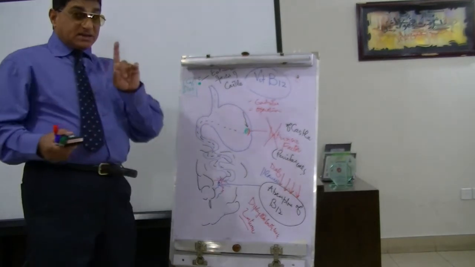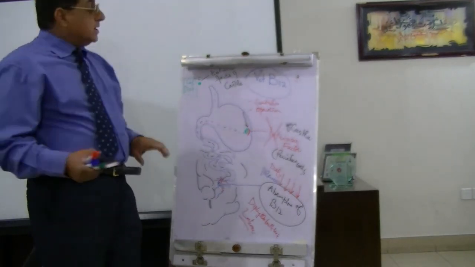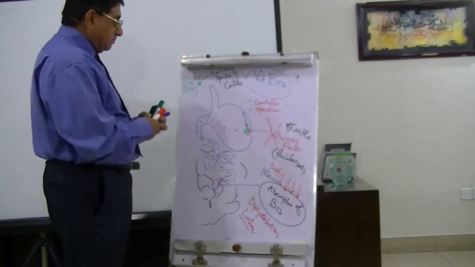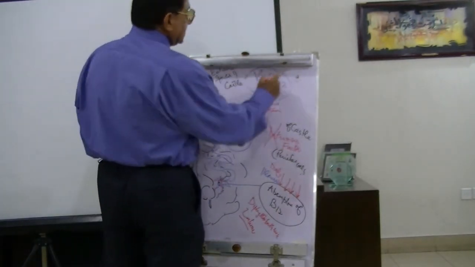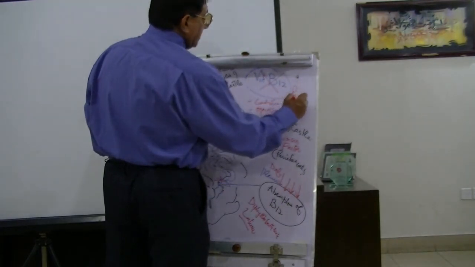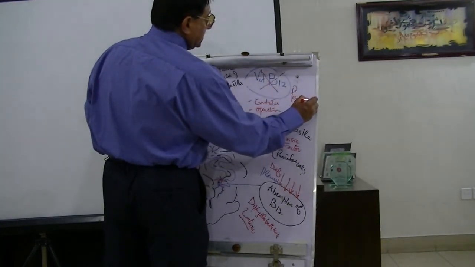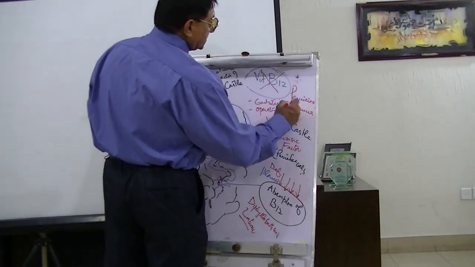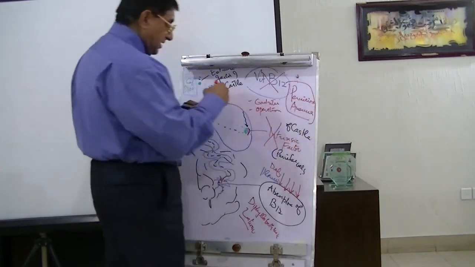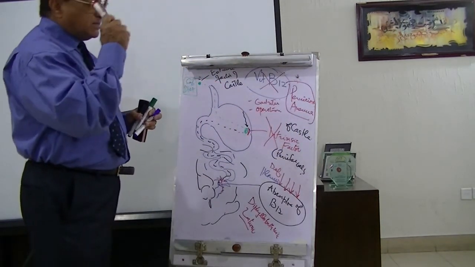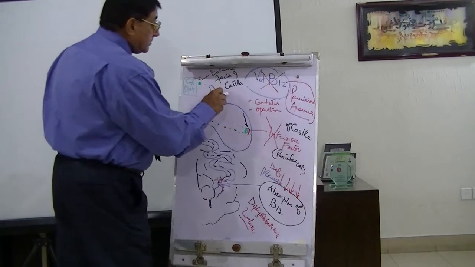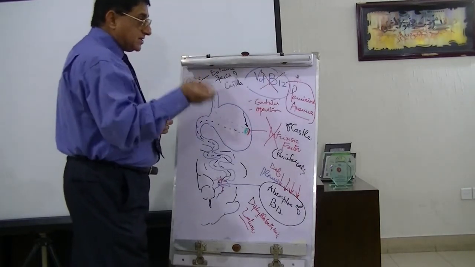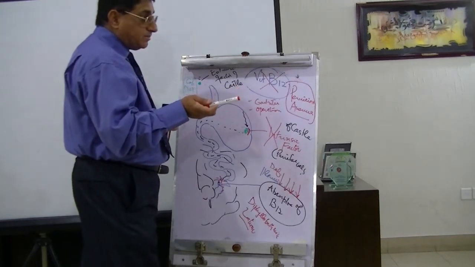If there is only folic acid deficiency, there is megaloblastic anemia. But if there is B12 deficiency, there will be pernicious anemia. So if B12 is deficient, it will lead to pernicious, P-E-R-N-I-C-I-O-U-S, pernicious anemia. So what is pernicious anemia? Pernicious anemia contains folic acid deficiency plus intellectual disability of the brain, mental ability.